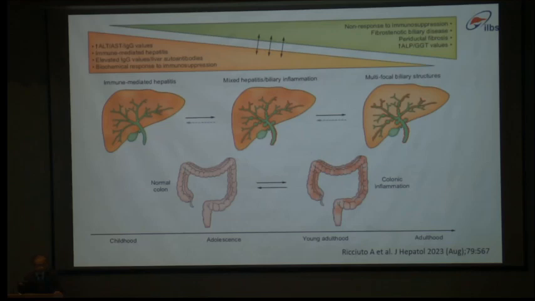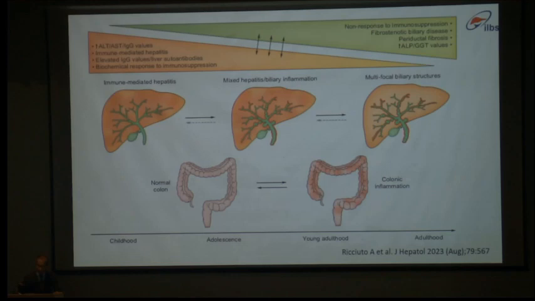So it has been proposed that from childhood there is more of inflammation, so it is immune mediated hepatitis. There is increase in transaminases, increased IgG levels, and initially a biochemical response to immunosuppression, which is subsequently followed by destruction of the bile ducts, and there is a mixed hepatitis biliary picture on histology, and on MRCP there may be changes suggesting sclerosing cholangitis.